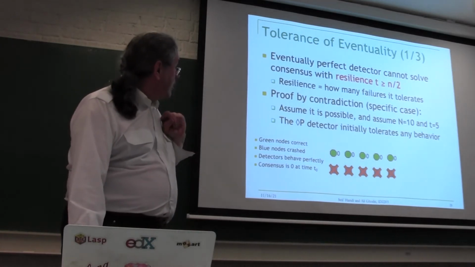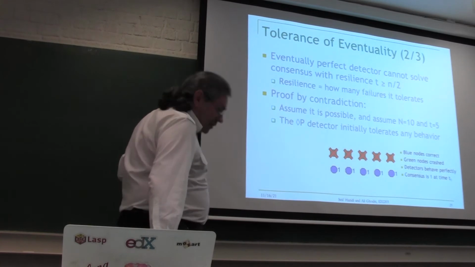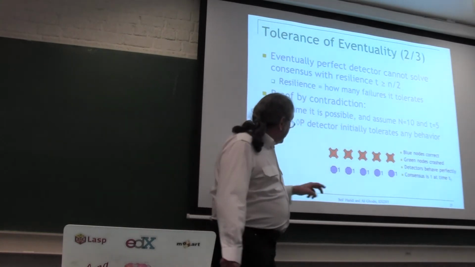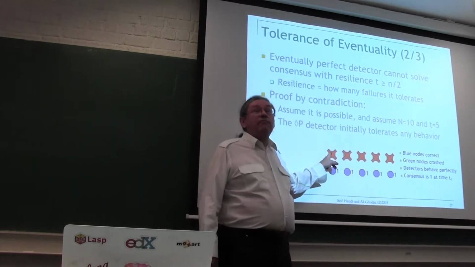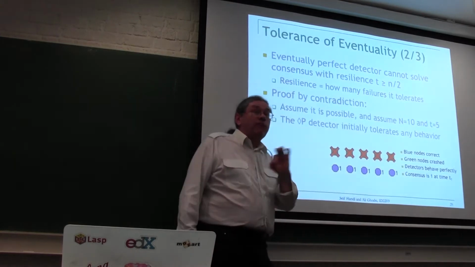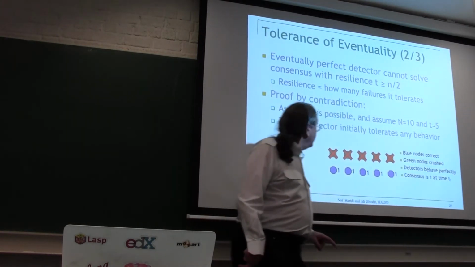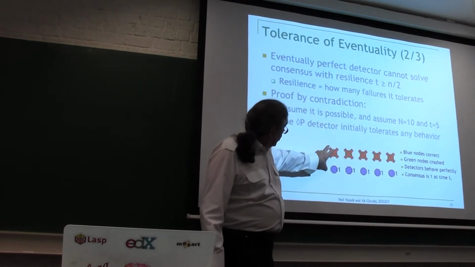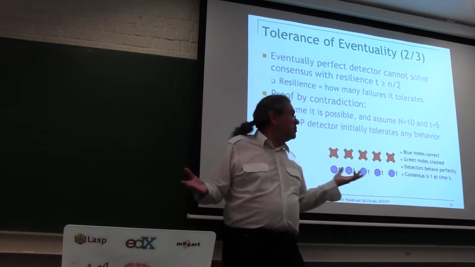Now let me show you another scenario, just opposite. Let me show a scenario where the blue nodes are now correct, the green nodes have crashed, and the detectors are all perfect, no mistakes. And the blue nodes all propose 1, so our algorithm, we assume it exists, will decide 1 in this case, clearly.